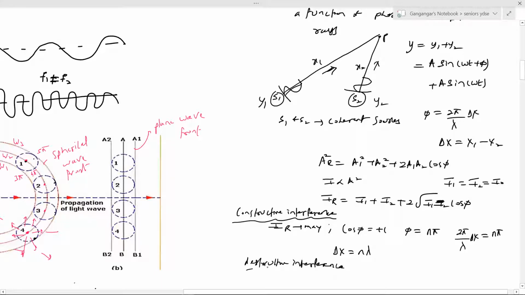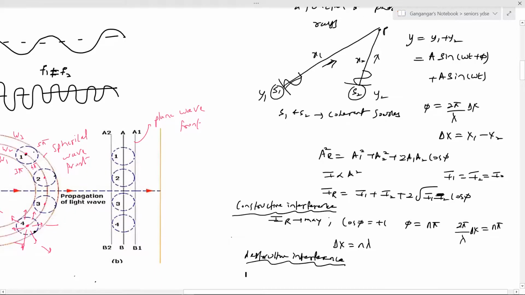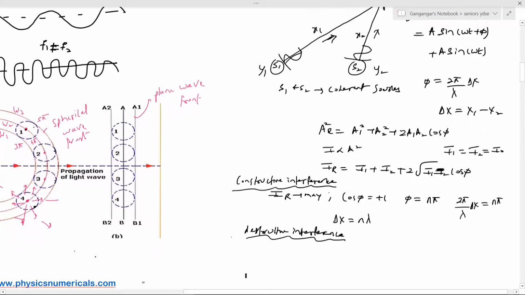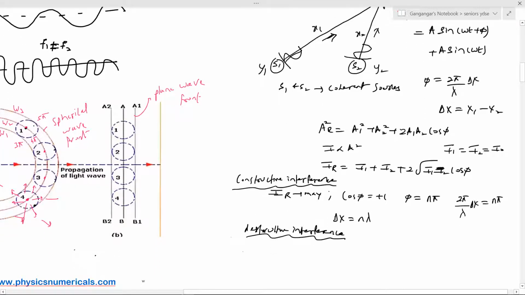what is IR? IR should be minimum. For resultant intensity to be minimum, cos phi should be equal to -1. Then what should be the phase angle?